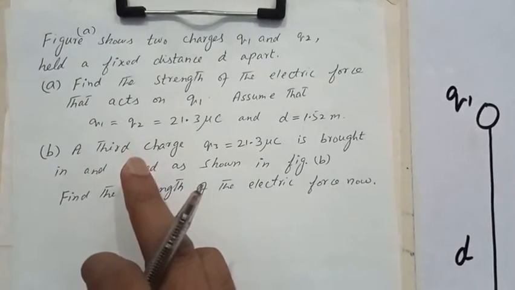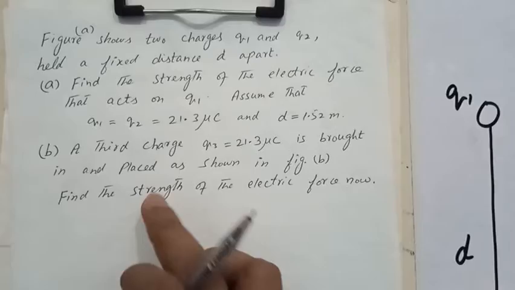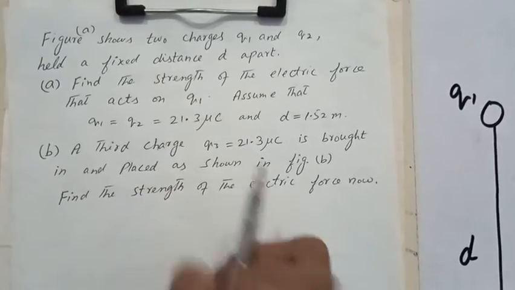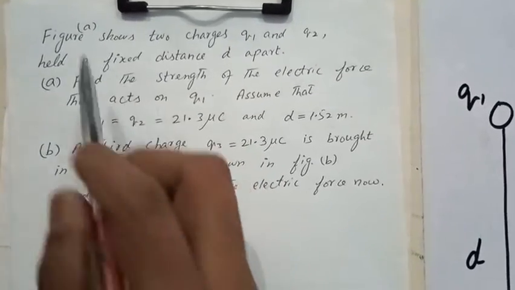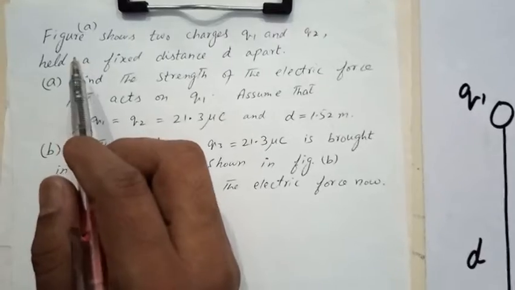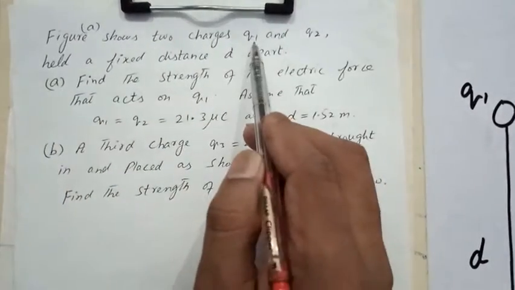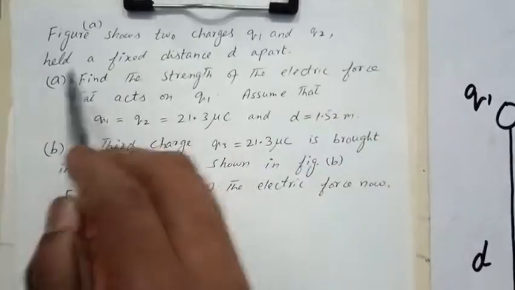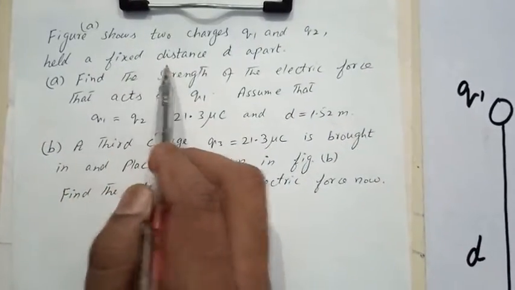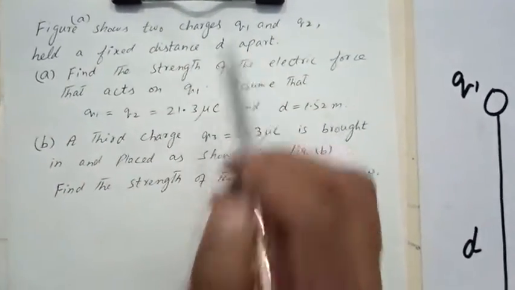The numerical that I am going to solve in this lecture is as follows. As figure A shows, two charges Q1 and Q2 are held a fixed distance d apart.